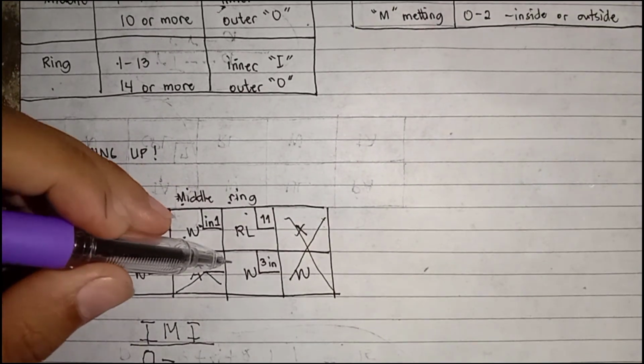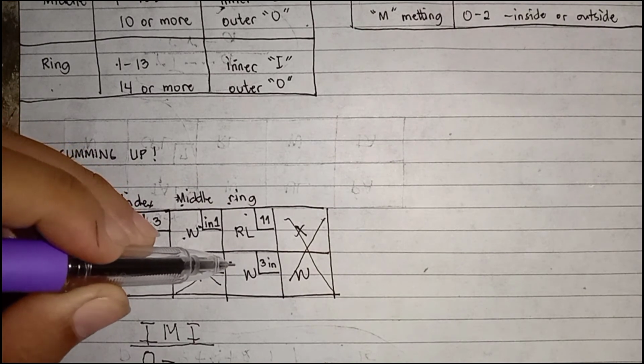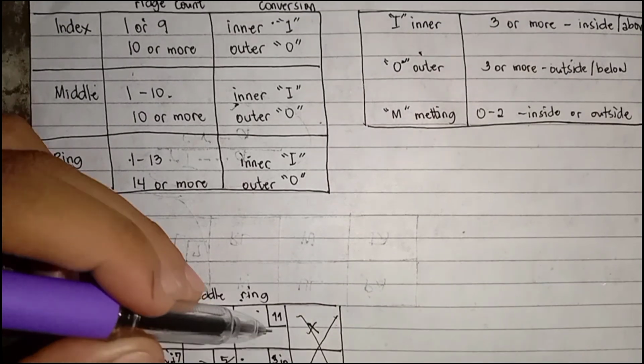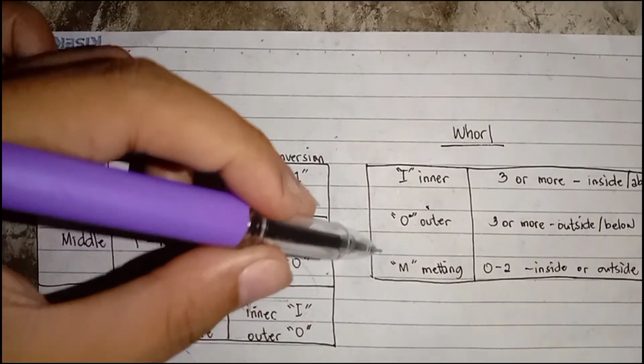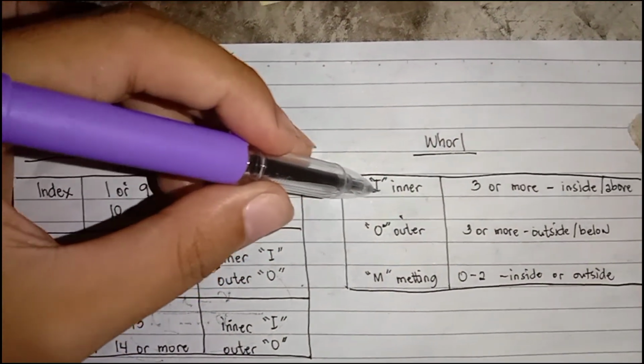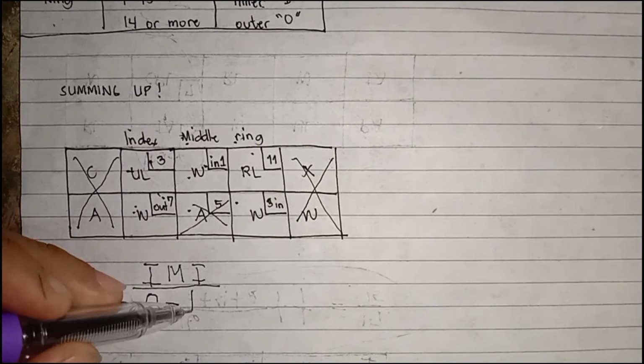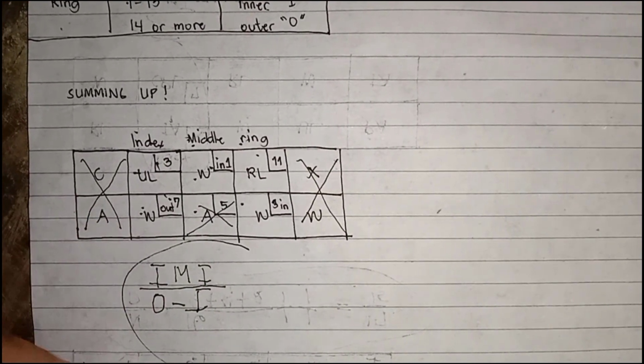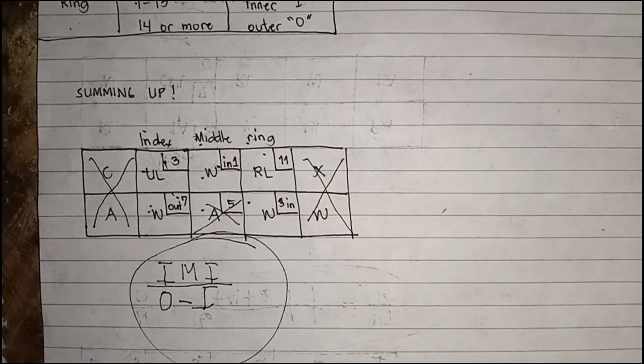Left ring is a whorl, has a 3 ridge count and inside, so the conversion is I. Summing up, so this is now our secondary classification.